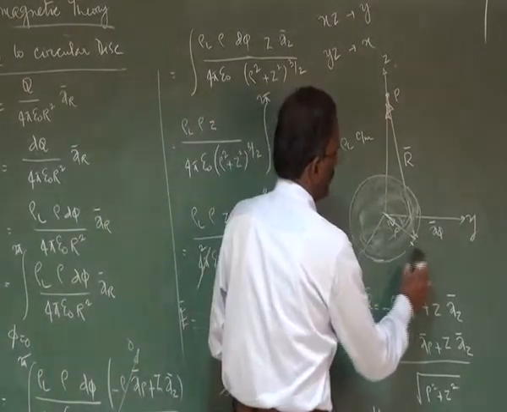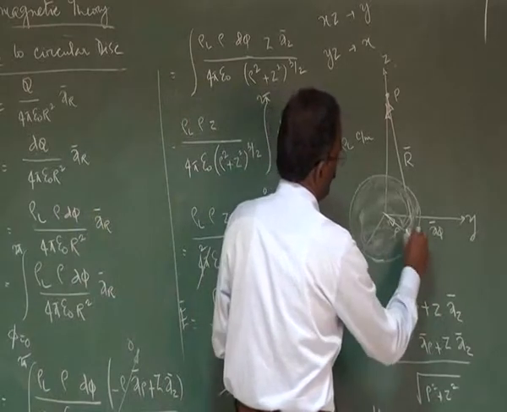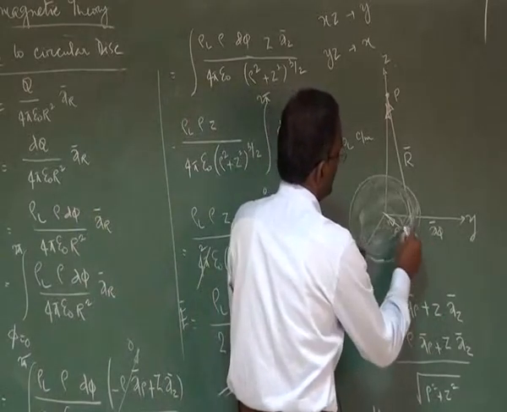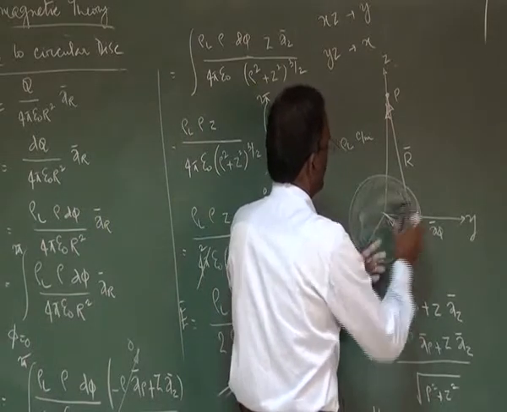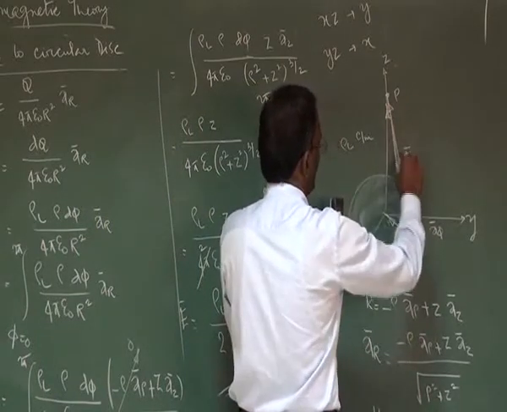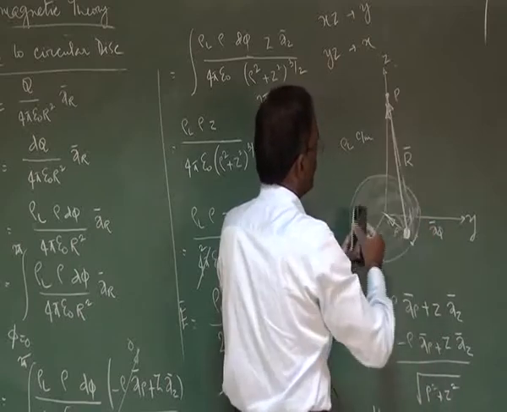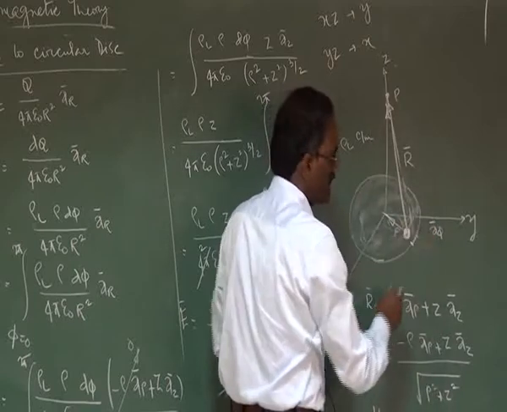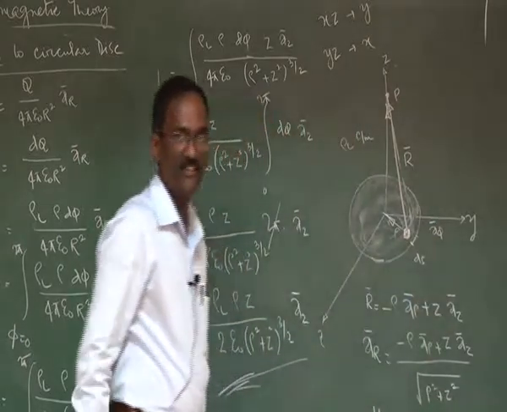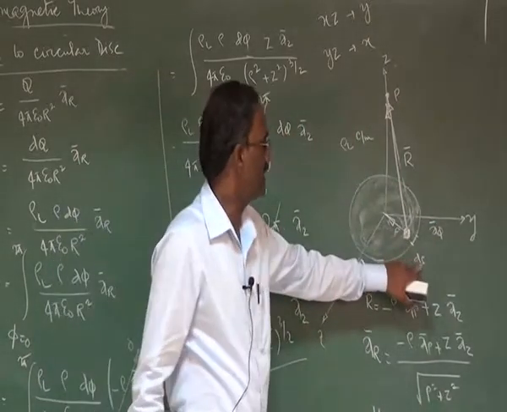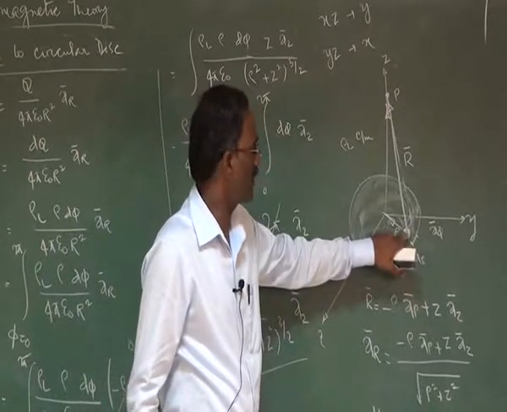So dl I should not find, here I will find ds instead of dl, and my vector will be pointing towards this point from the differential surface I have taken. This is ds, the infinitesimal surface area I have considered at this point.